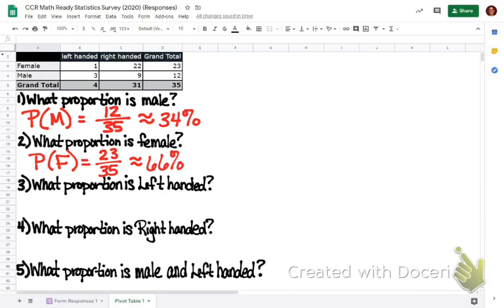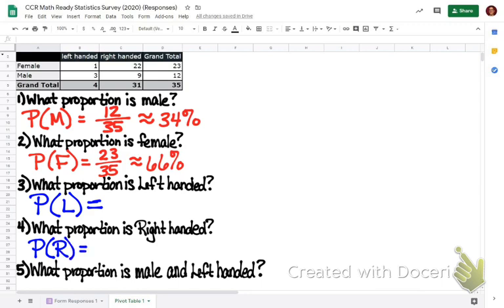Sometimes it's going to be more beneficial for us to look at it as a proportion or a fraction, and sometimes it's going to be easier for us to look at this information as a percent. So I want to make sure that I can go back and forth between those two. All right, and then we're going to answer questions 3 and 4. What proportion is left-handed and what proportion is right-handed? So I'm going to use a capital L as shorthand for left-handed, and I'm going to use a capital R as shorthand for right-handed.